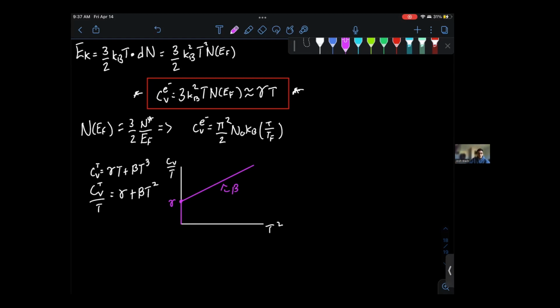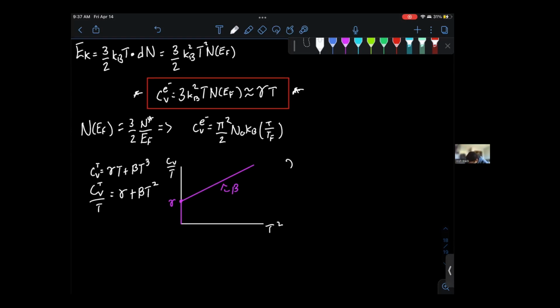And what's really interesting about this now is it gives us a way to find our density of states through direct experiment.